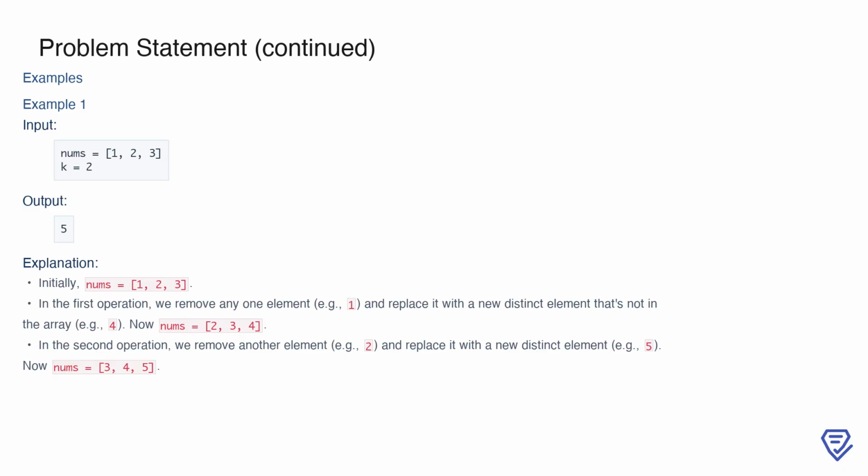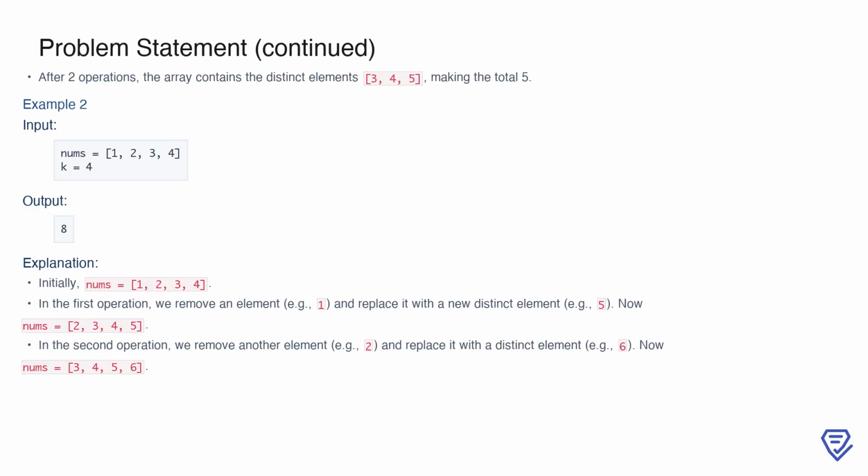In the second operation, we remove another element, for example 2, and replace it with another new distinct integer, such as 5. This changes the array to 3, 4, 5. After performing the two operations, the array now contains 5 distinct elements, 1, 2, 3, 4, and 5. The output for this example is therefore 5.